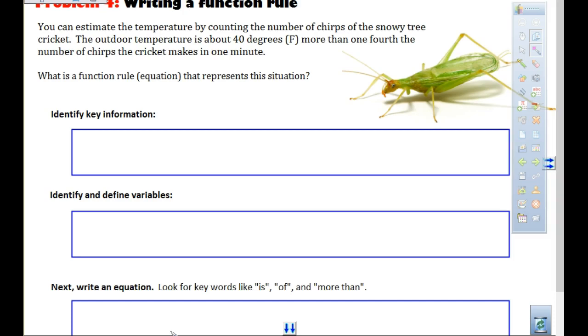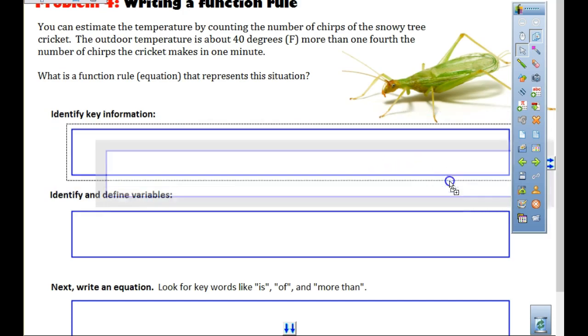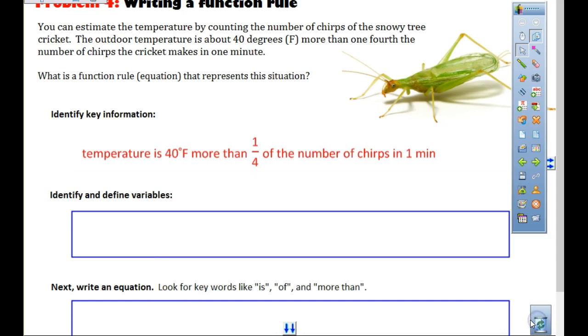So it says we want to write a function rule that represents the situation. So we want to look at what's our key information. Key information is that if we are looking at it, the temperature is what? 40 degrees. And it's temperature of 40 degrees more than 1/4 the number of chirps in a minute.